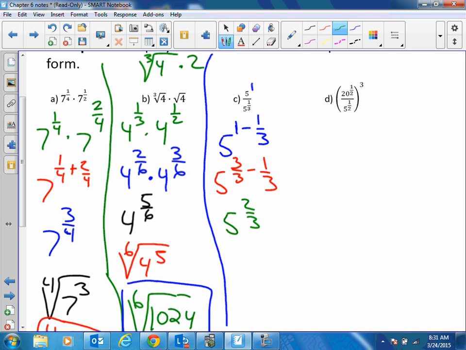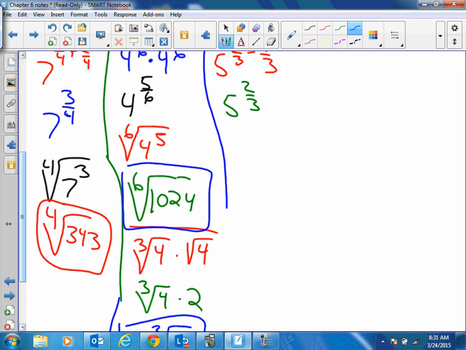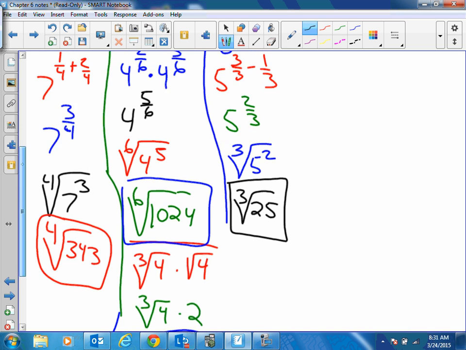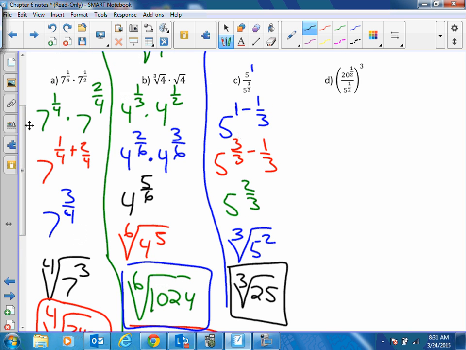Then we can rewrite that as the cube root of 5 squared, which equals the cube root of 25. That's how you write that in its simplest form. So that's how you solve that one. When you divide, you subtract.